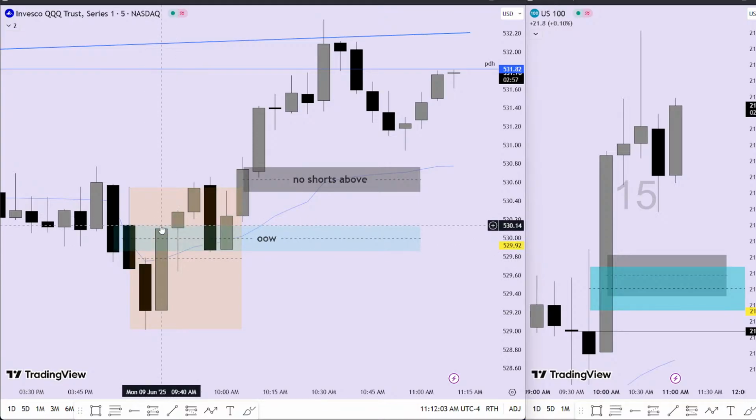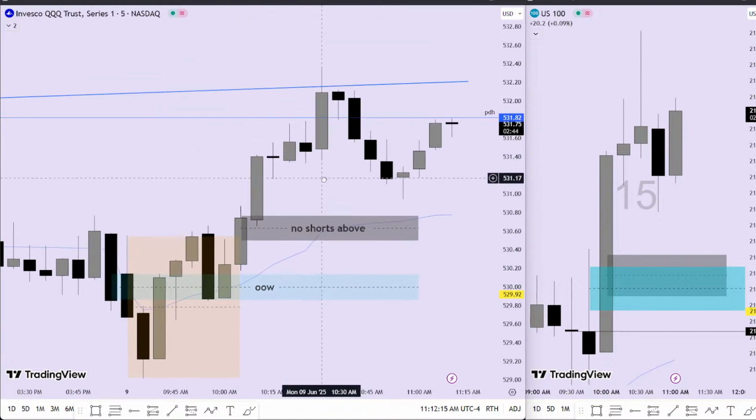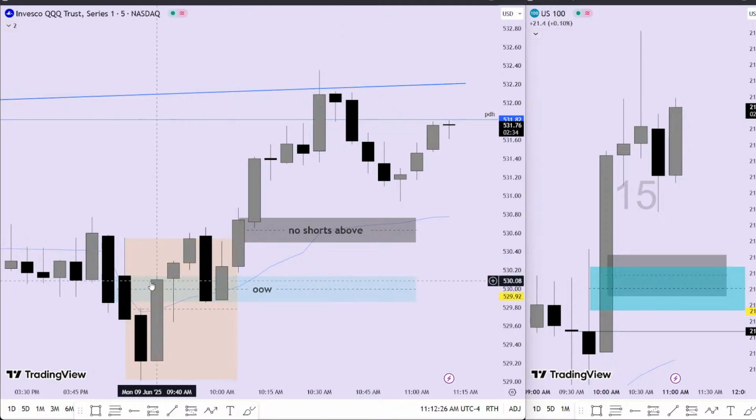Next would be a limit order. No, no limit order. Stop order. Limit order. Or buy the close, buy the close.